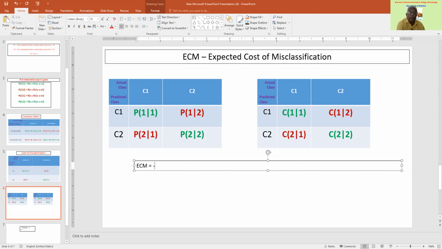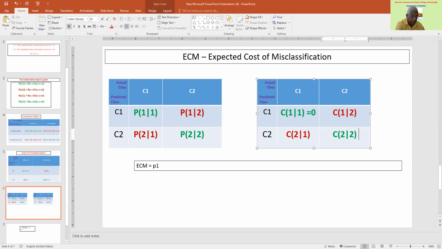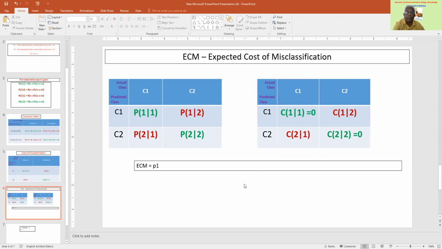P1 is the prior probability with which an observation may belong to class C1. Now you know that this cost is 0. Similarly, you know that this cost is also 0.